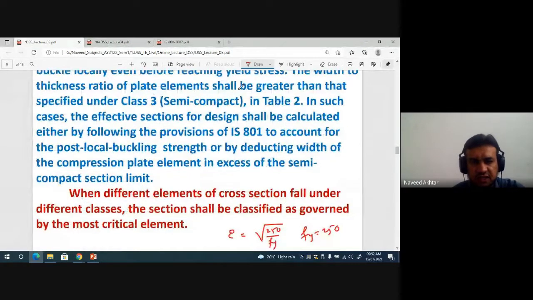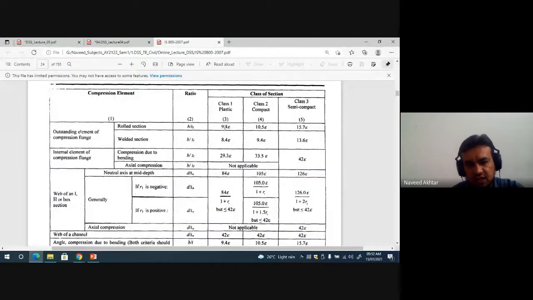What is the epsilon in this? Okay, then class 2 compact, that is 10.5 epsilon. So if the limit is in between 9.4 epsilon and 10.5 epsilon, then your section will be a compact section.